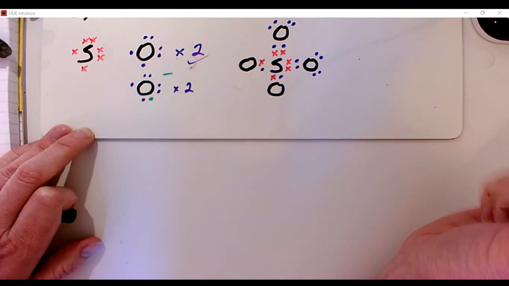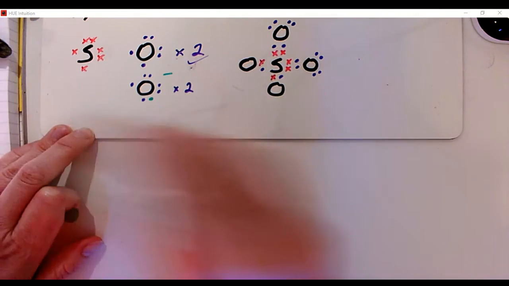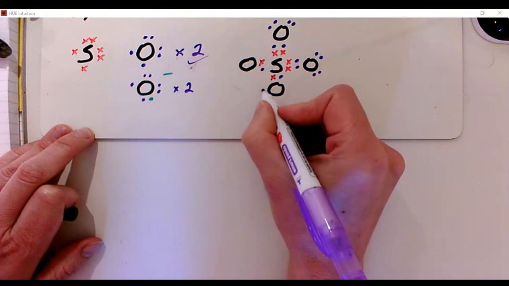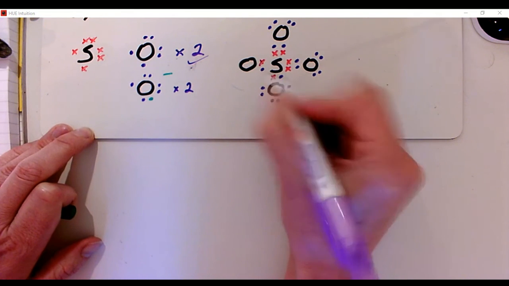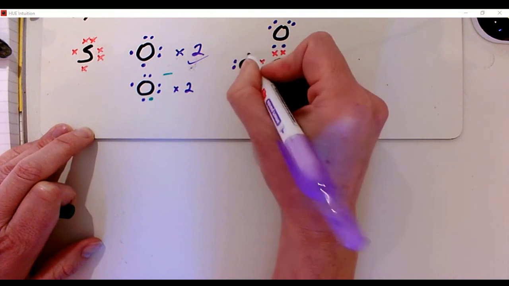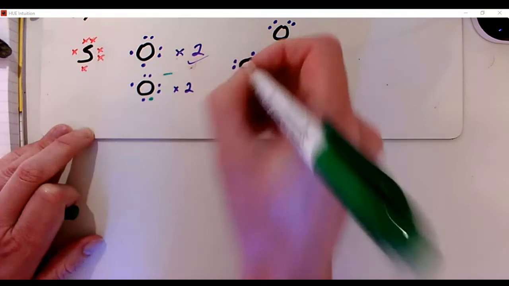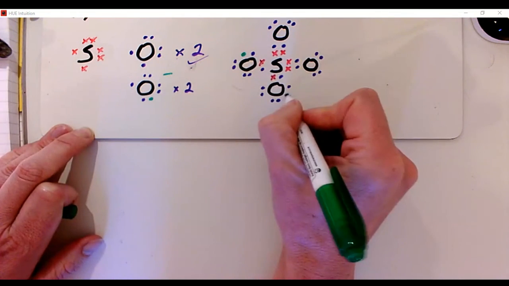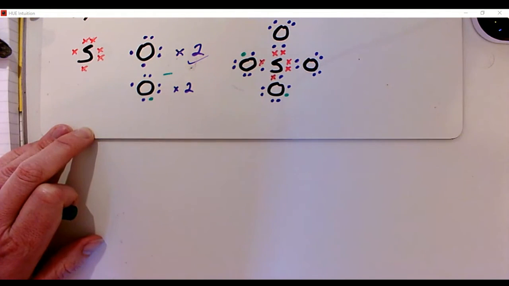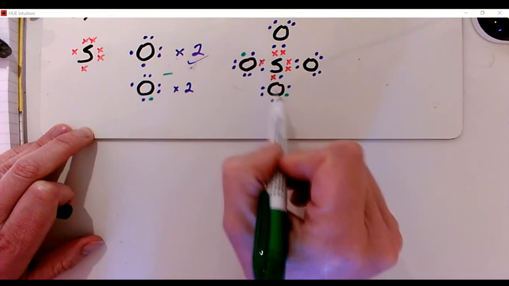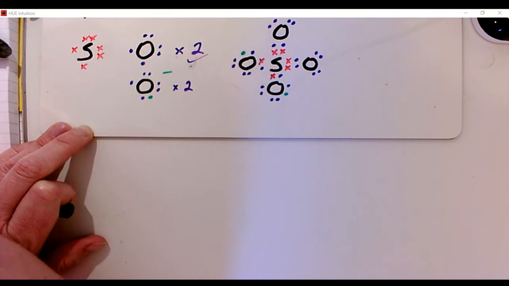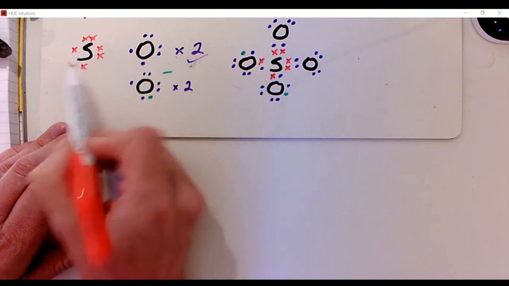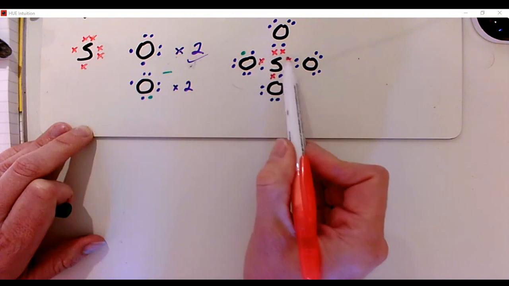Now fill in the rest. The ion has a minus charge, so it's gained 2 extra electrons. Last thing is to account for all, just see if there's any lone pairs left on sulfur. 1, 2, 3, 4, 5, 6.